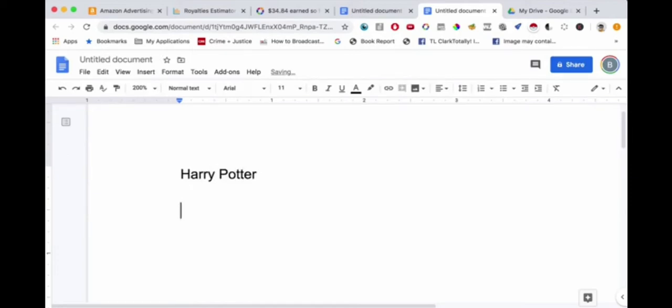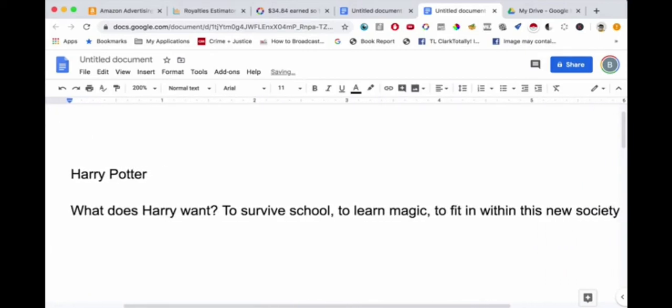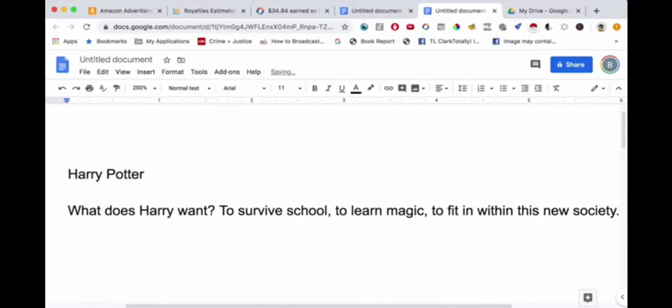All right. What does Harry want? To survive school, to learn magic, to fit in within this new society, etc., etc. So, those are some of the things he wants.